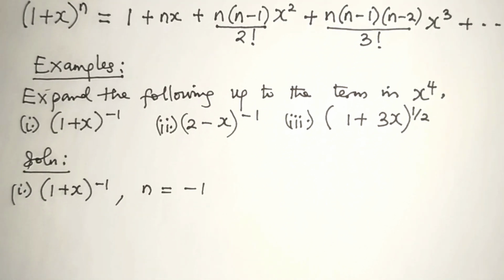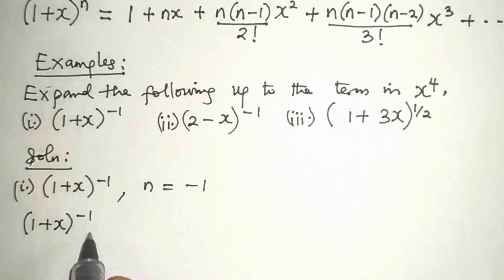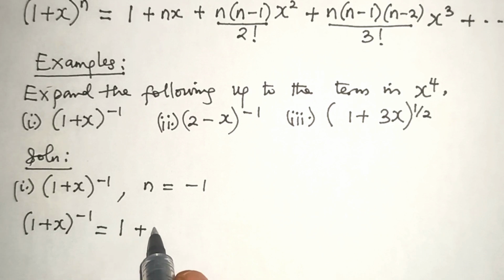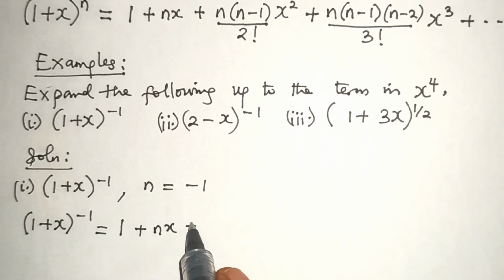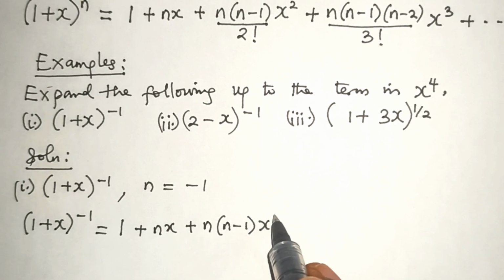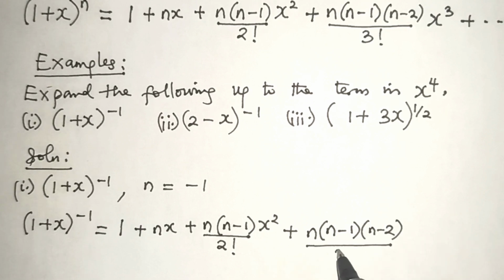So the expansion will be (1 plus x) to the power minus 1 is equal to 1 plus nx plus n into (n minus 1) x squared over 2 factorial plus n into (n minus 1)(n minus 2) over 3 factorial times x cubed and so on.